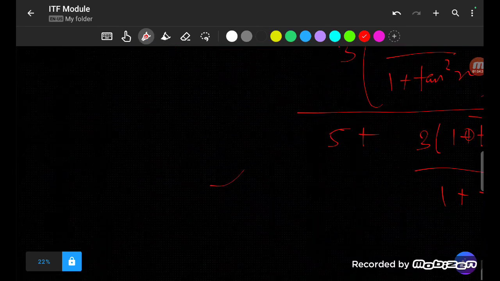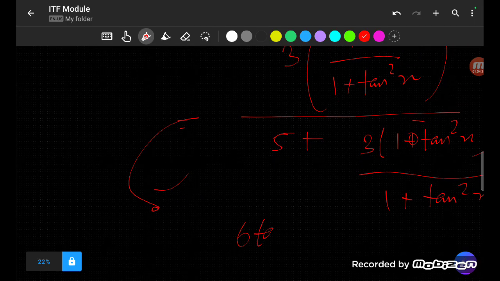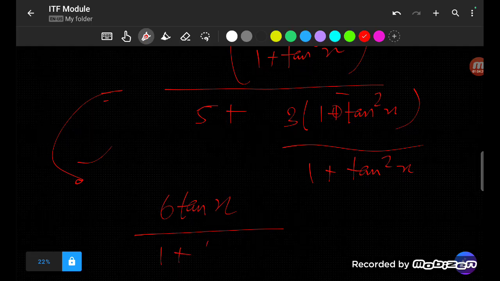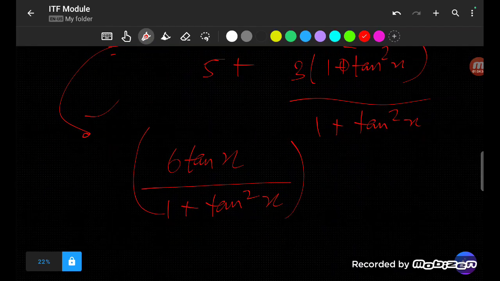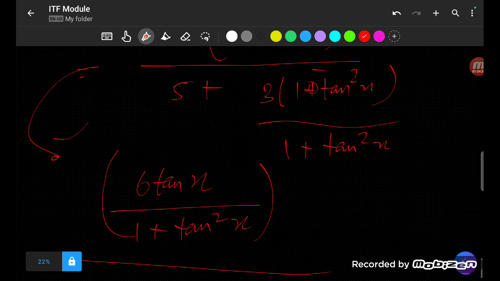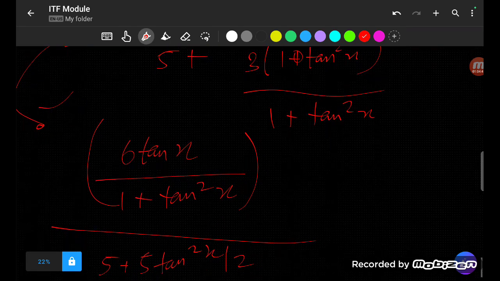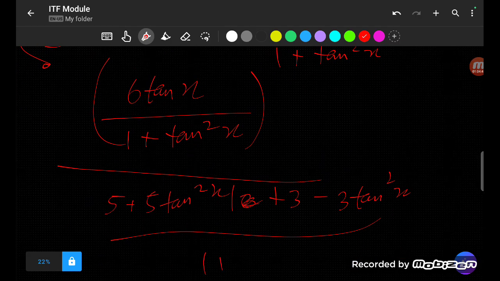So this is already just 6 tan x upon 1 plus tan square x by 2, 1 plus tan square x, upon 5 plus 5 tan square x by 2 plus 3 minus 3 tan square x upon 1 plus tan square x by 2.